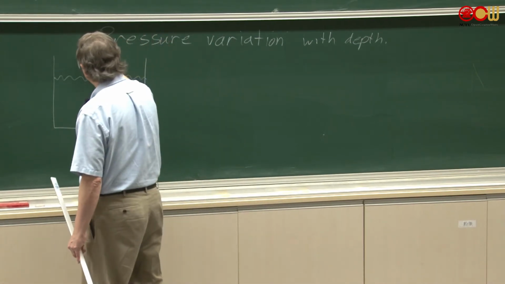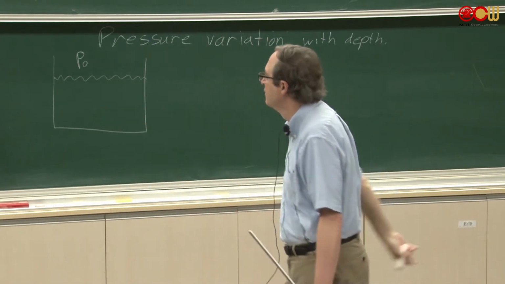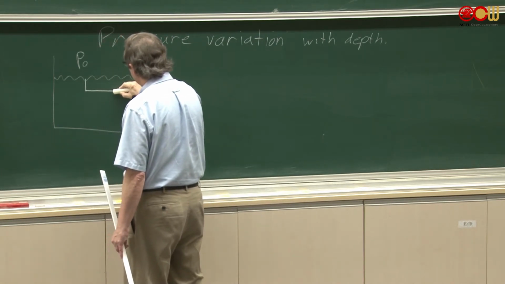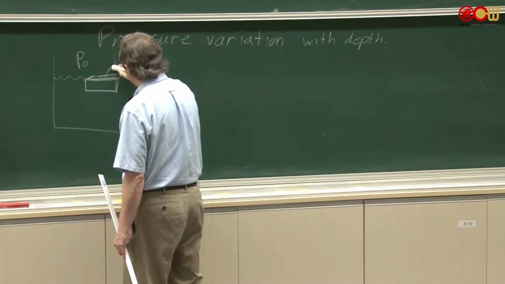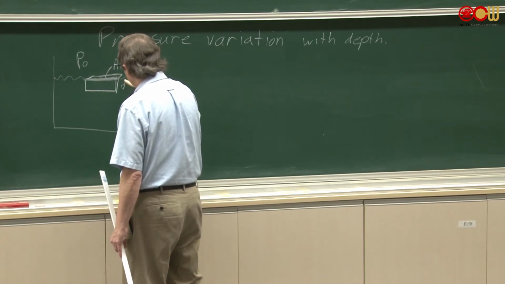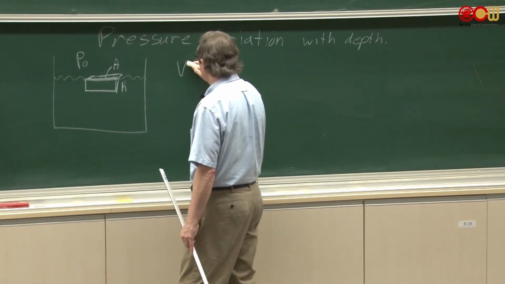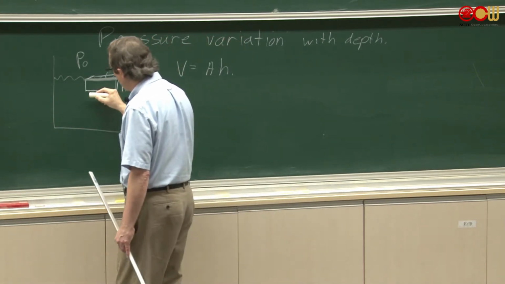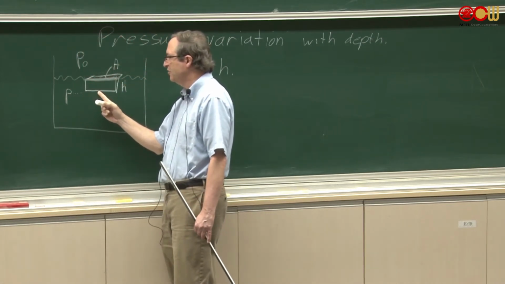We'll say we have a pressure P0 up there, usually atmospheric pressure, and let's consider a certain volume here. It has a cross-sectional area A and a depth H, so the volume is A times H. The question is, what is the pressure right here, at this location?